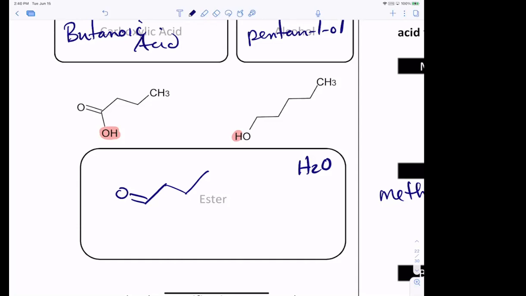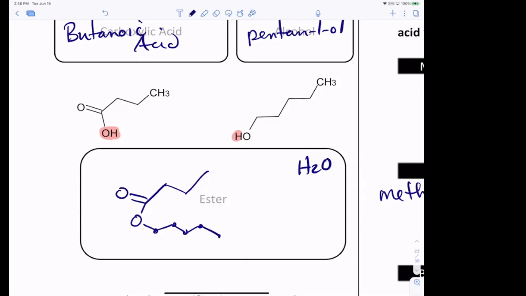But then instead of a carboxyl group, it has an oxygen with the alcohol part attached, which had 5 carbons. So 1, 2, 3, 4, 5. I tend to have to double check just to make sure I put the right number of carbons there. Okay.